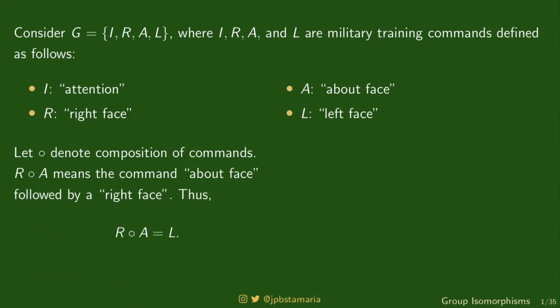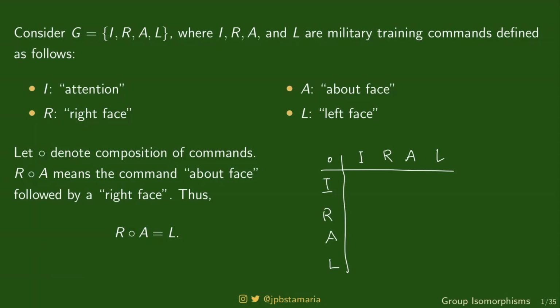Do you understand? Now, what we're going to do is fill in the table, the composition table for I, R, A, L. Of course, first of all, because I is the attention command, you will not do anything after hearing attention. You just stand straight.